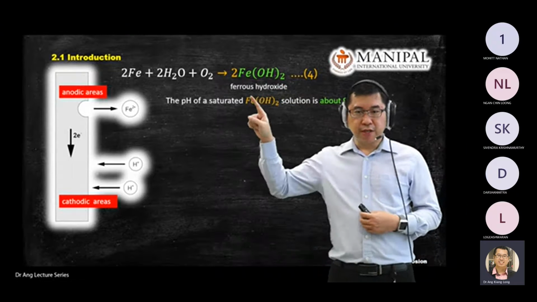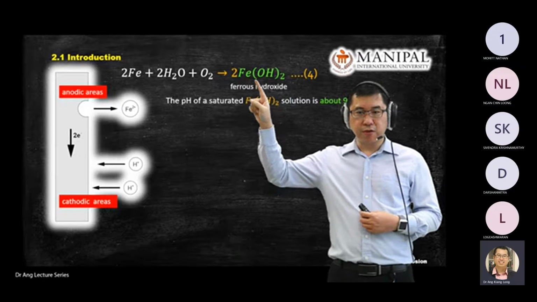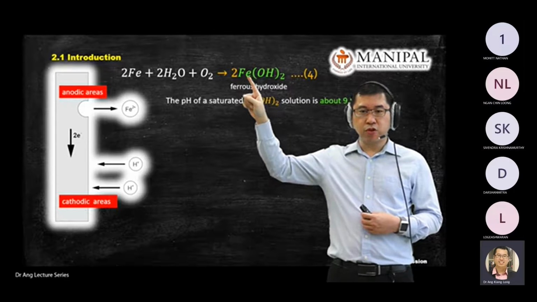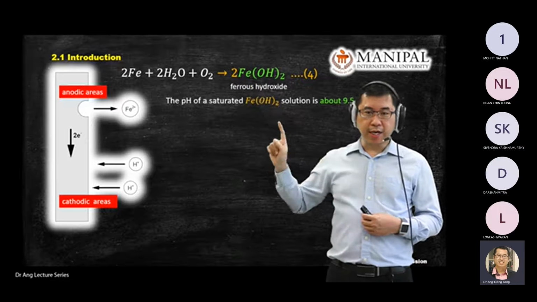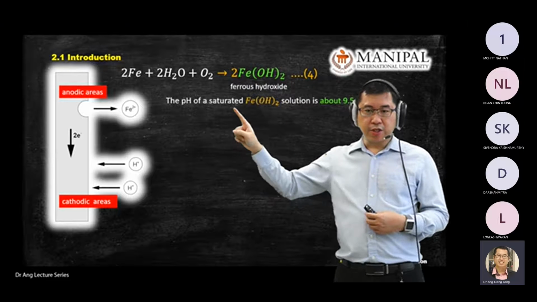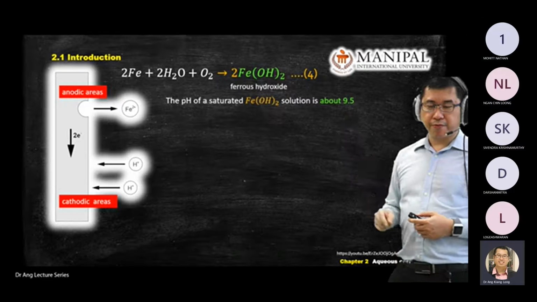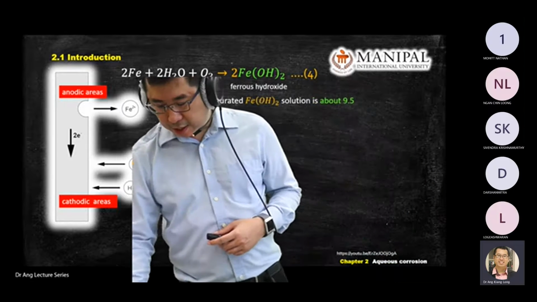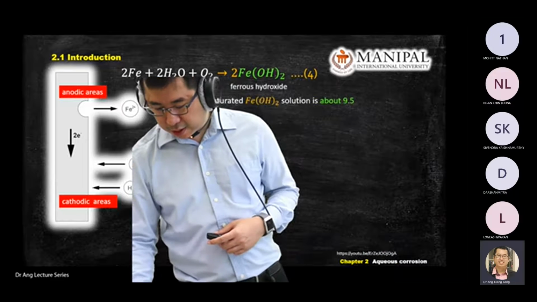So for ferrous hydroxide or iron 2 hydroxide, the pH is 9.5. Okay, pH is 9.5.